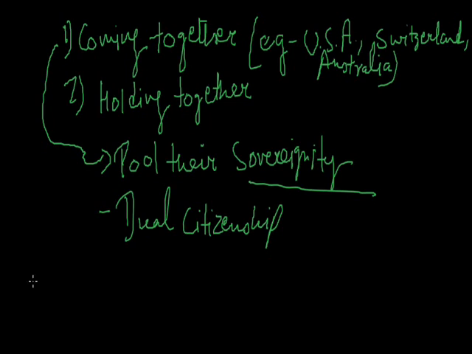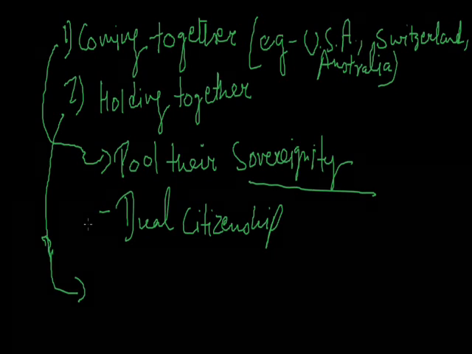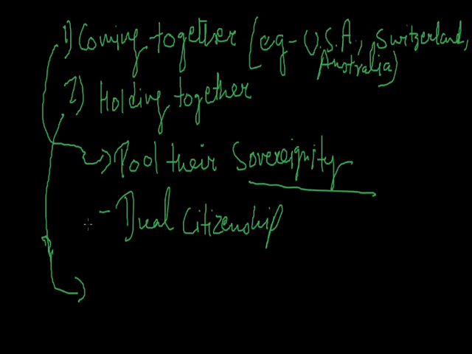Now, another type of federalism is holding together federalism. In this type of federalism, different units or different states are held together by force. Meaning in this, the central government is more powerful than the state governments.